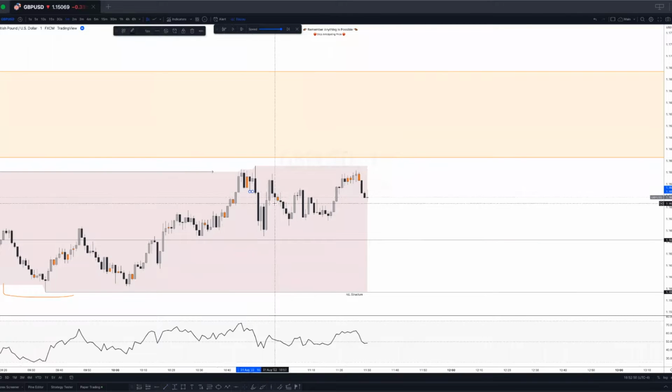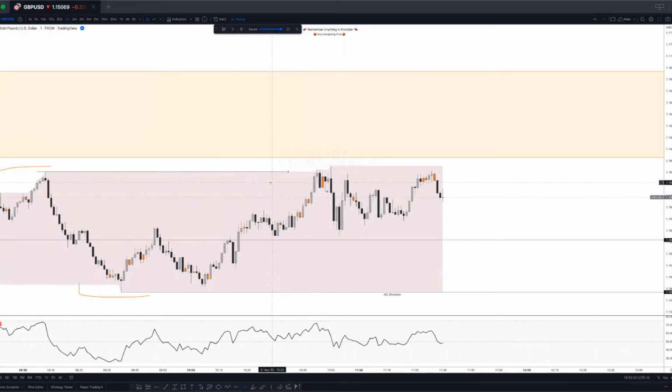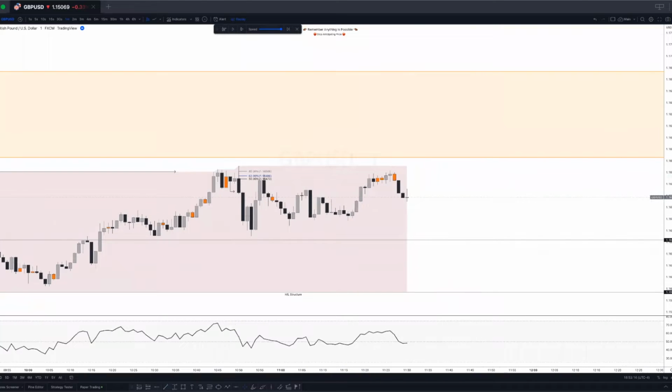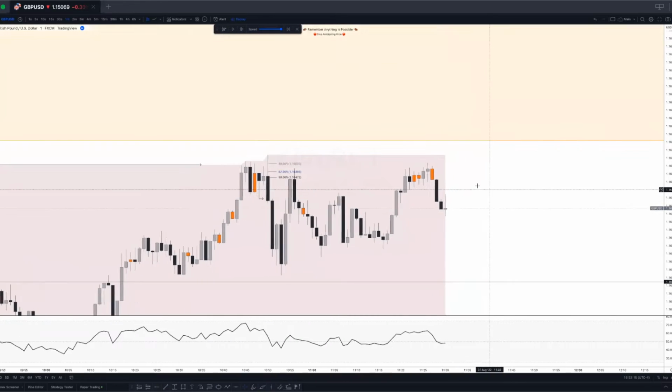Right here is where I should have looked for a boom short. Okay, so that's absolutely fine.